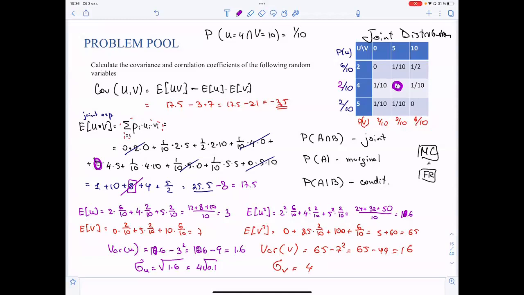Fantastic. And then we could say that the correlation of U and V equals the covariance divided by 4 times 0.1 times 4. So that is our correlation value.